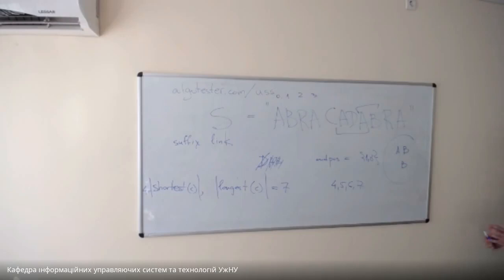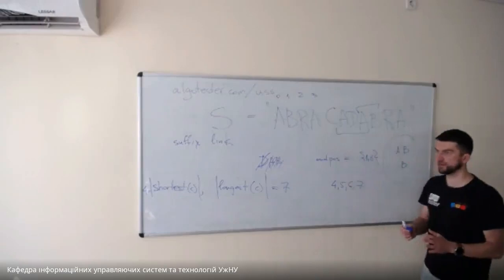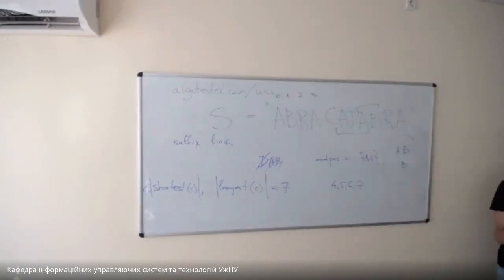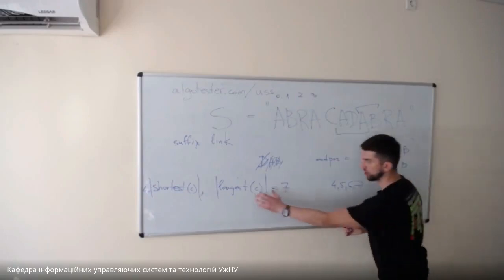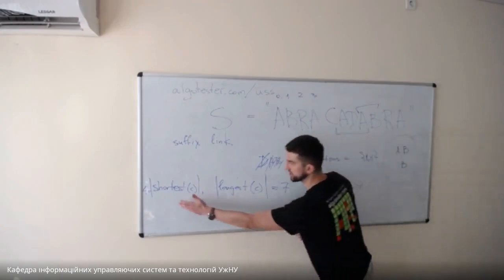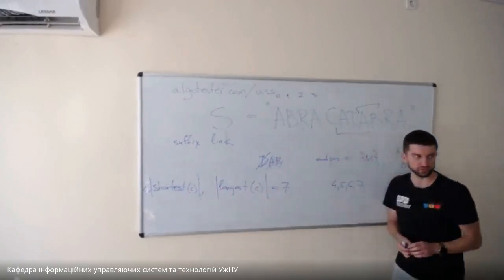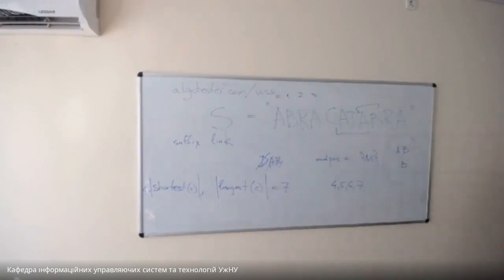So as soon as we know the longest one and the shortest one, then we are good. We know that all others are simply suffixes of longest. And lengths of all the elements are in the range between the size of shortest string and the size of longest one.